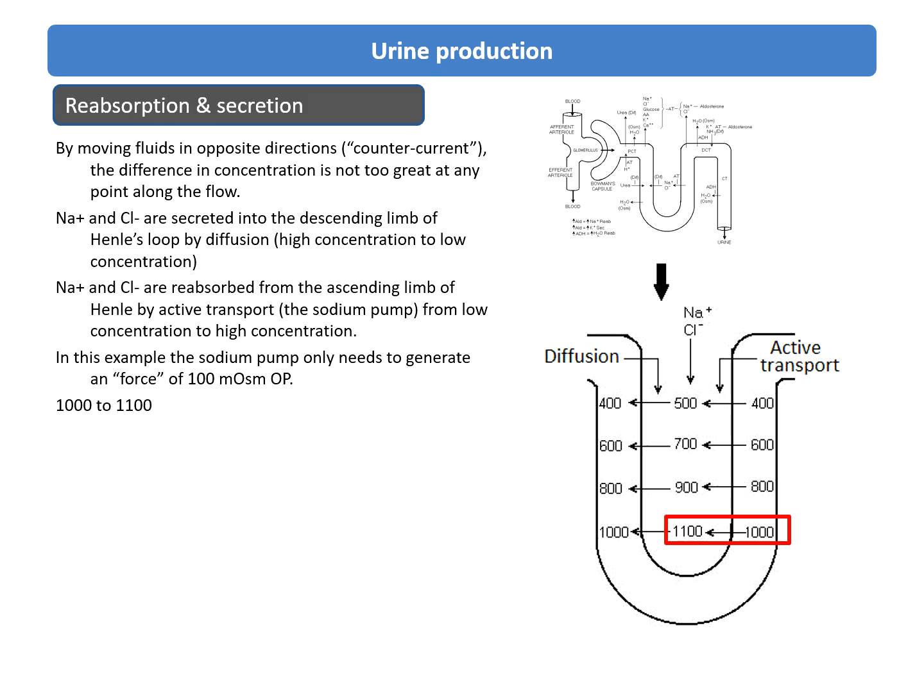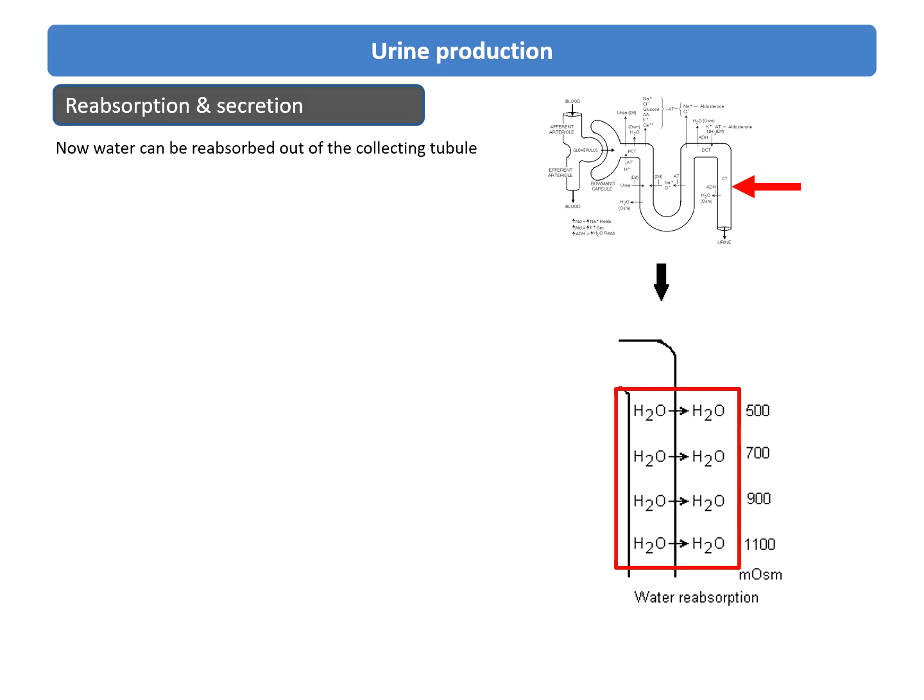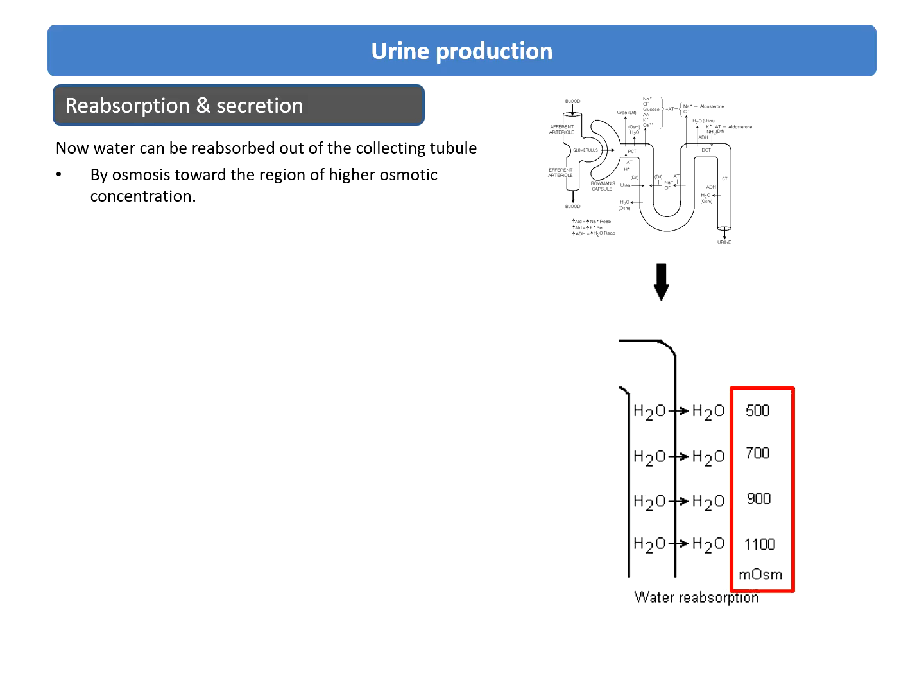For example, from 1,000 inside the tubule to 1,100 in the interstitial fluid, 800 to 900, 600 to 700, 400 to 500. Now water can be reabsorbed out of the collecting tubule by osmosis toward the region of higher osmotic concentration.